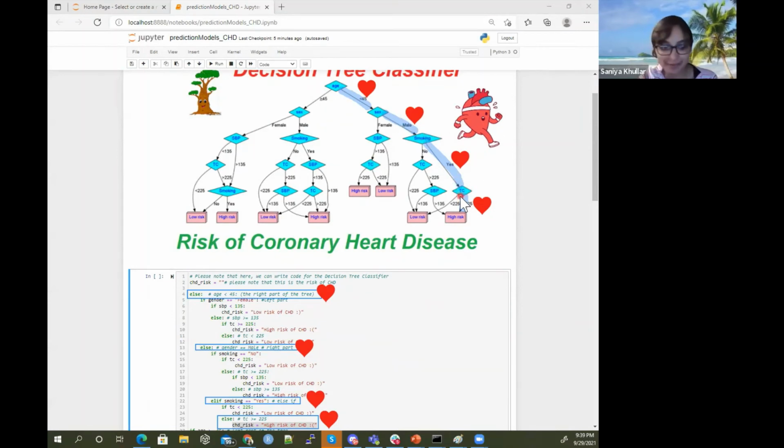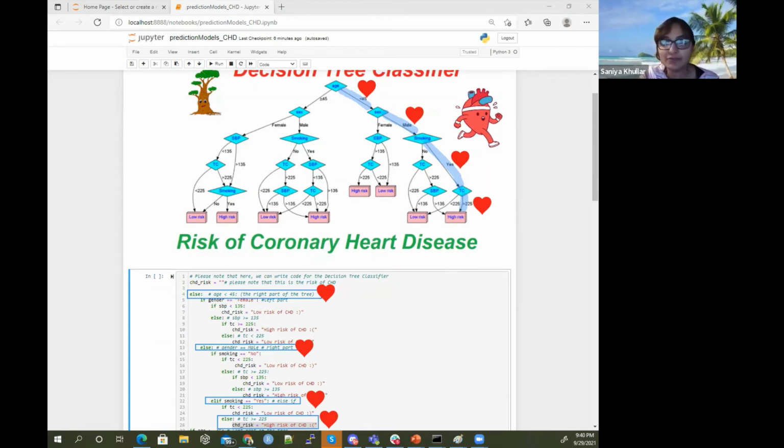I'm an LGBTQ ally, but just for biological reasons, male and female, according to this decision tree, would be the biological orientation you're given, and those could have an impact on your disease outcomes. So this is male, then smoking is yes, and then total cholesterol is greater than 225. So that's how we get to this high risk here.